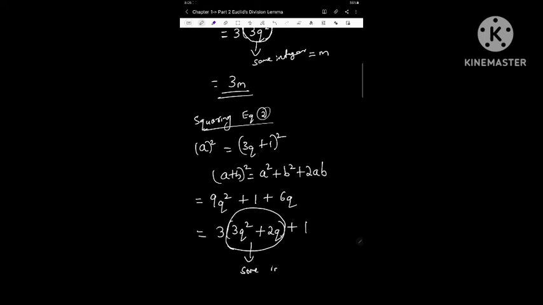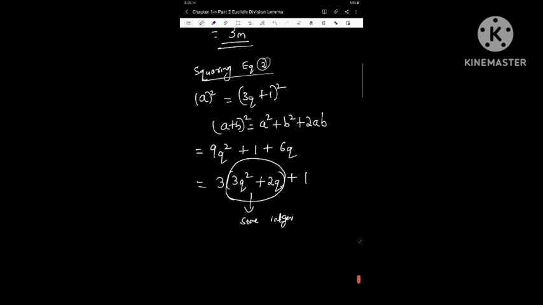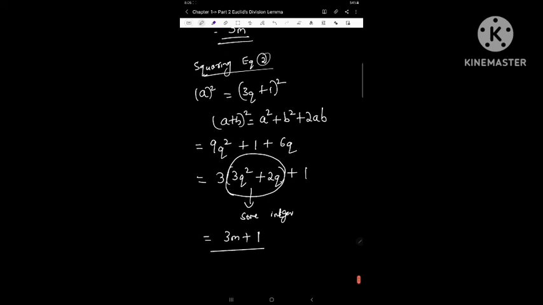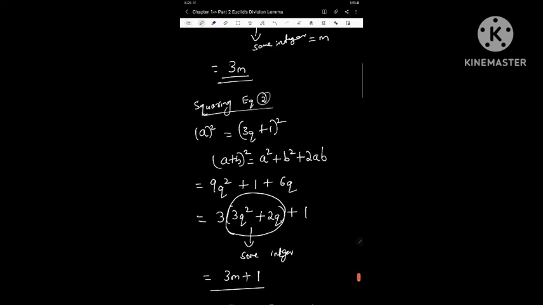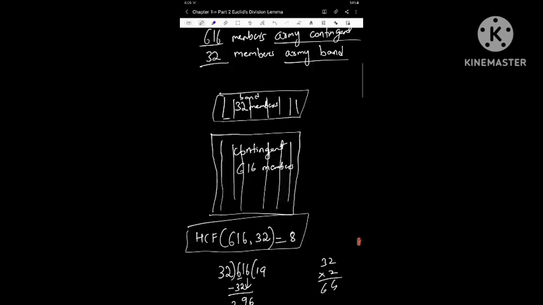Yes, of course it will be some integer, right? You put any values, you will be getting some integer for this whole thing. So can we just name it as 3m plus 1? Yes. So we can say that square of any positive integer is either of form 3m plus 1 or 3m, and that's what they have asked in the question, right?